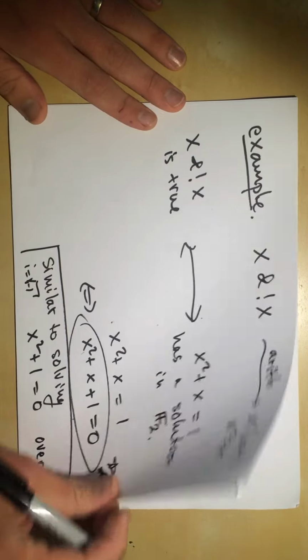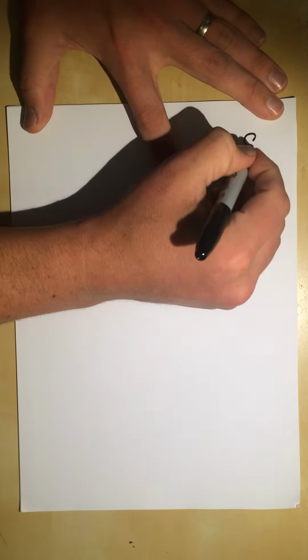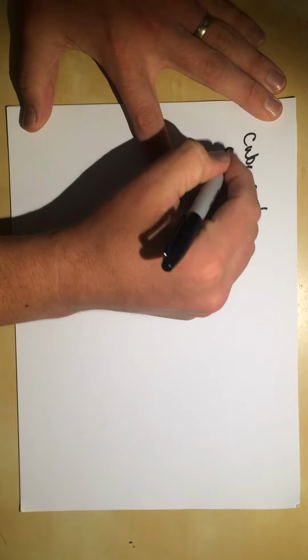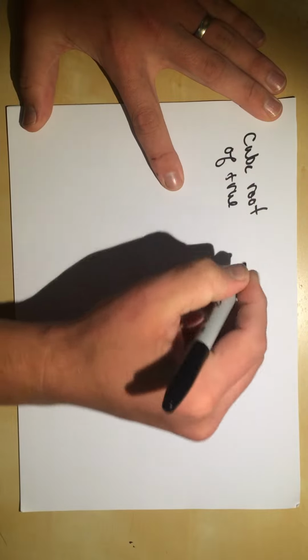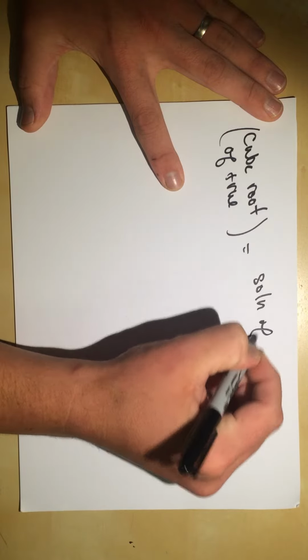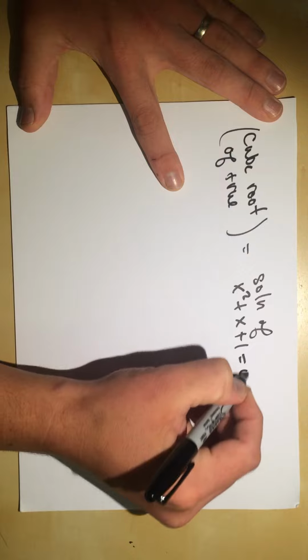And so what is the cube root of true? The cube root of true is the solution of this equation. So the cube root of true, well, there's actually two of them, is the solution of this thing, x squared plus x plus 1 is equal to 0.